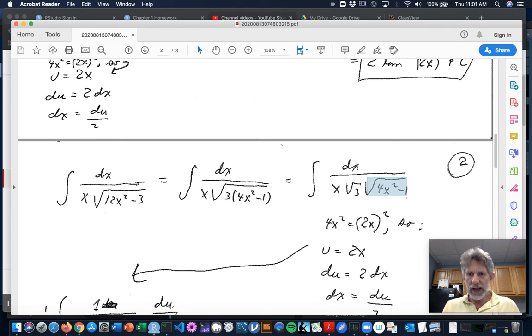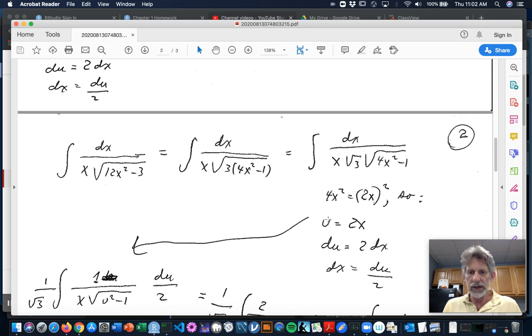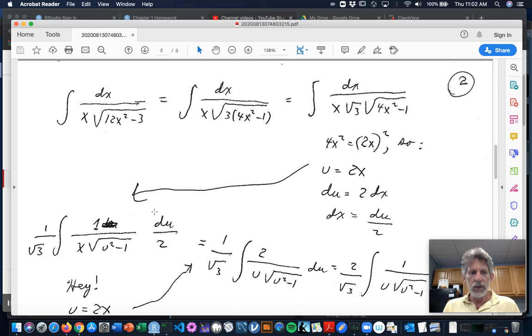And I look inside at what's here, and I'm almost in the x squared minus 1 pattern, but not quite. But I can use that same idea as last time. 4x squared is twice x squared. So I'm going to let u be 2x, du's 2dx, and so on. When I substitute back in, there's still going to be this x hanging around from back here.